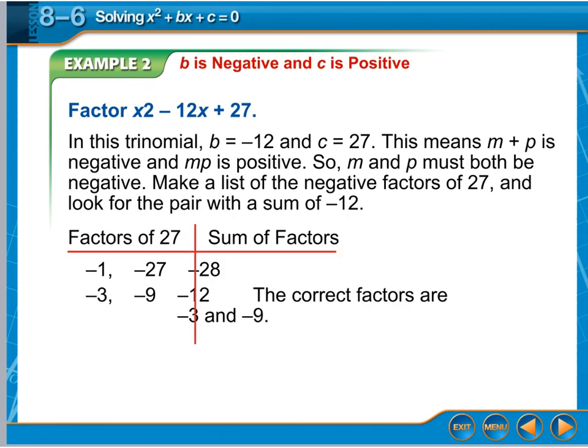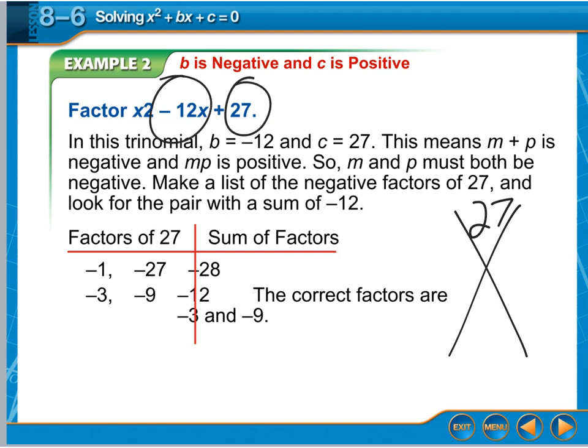All right. So I'm going to skip this one here, but let's look at it. I'd put the 27 here, the last term, and then this term is negative 12. This time it's a little bit different because this guy's negative, so both of my factors have to be negative.